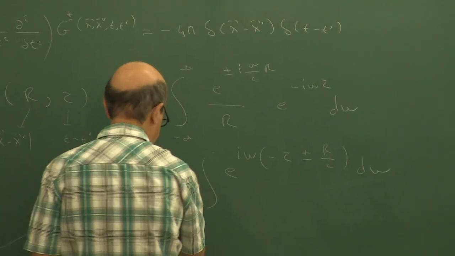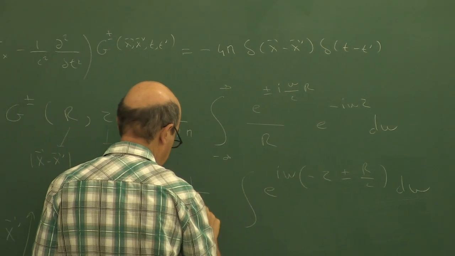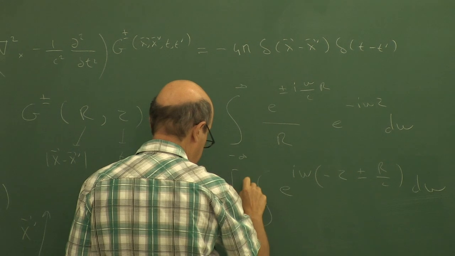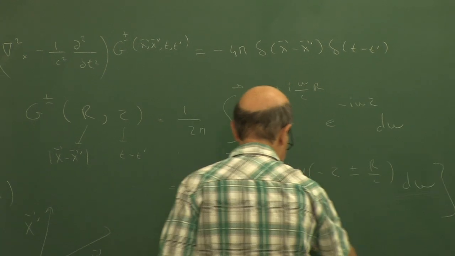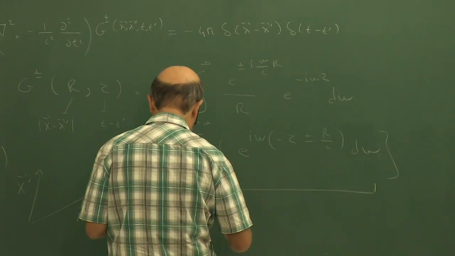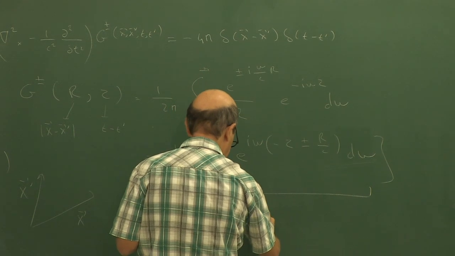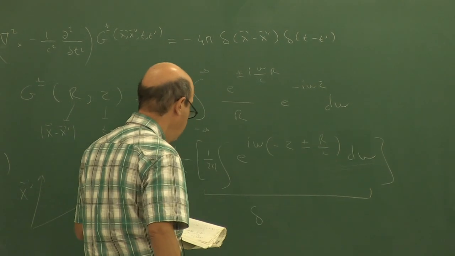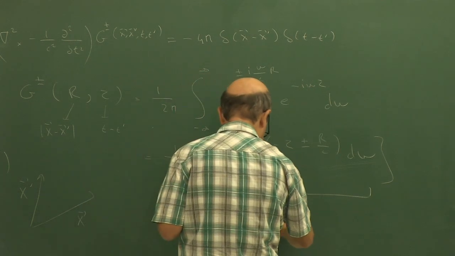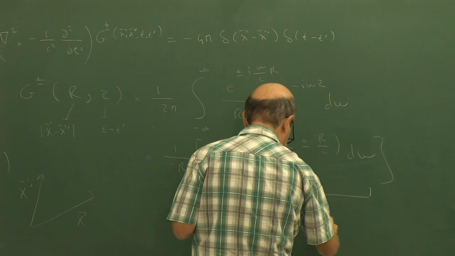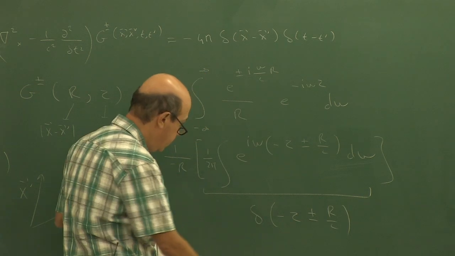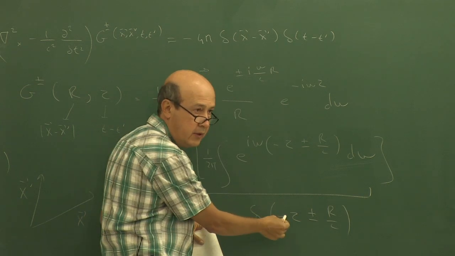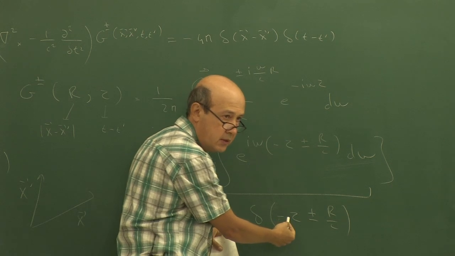Put the 2 pi here, 1 over r, and this is 1 over 2 pi, and this is a delta function of minus tau plus minus r over c. If you look at your notes, I put a plus sign, so make a correction here. That should be minus. Okay?